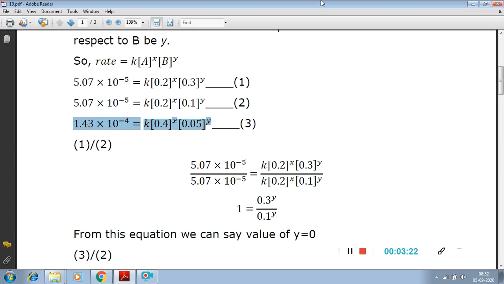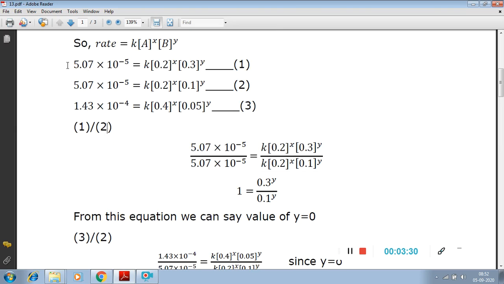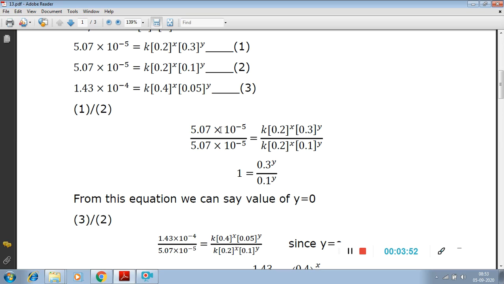Now divide first equation by second. 1 divided by 2. So here I have written that 5.07 into 10 raised to minus 5 divided by 5.07 into 10 raised to minus 5 is equal to K into 0.2 raised to X into 0.3 raised to Y divided by K into 0.2 raised to X into 0.1 raised to Y. Now you can see this value are same, so it will be 1 here.